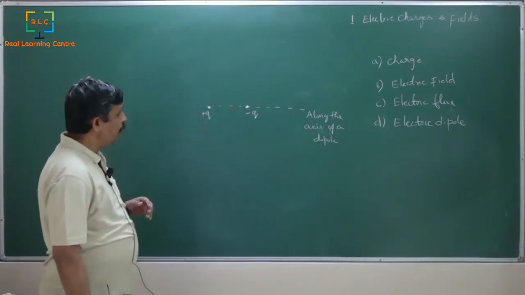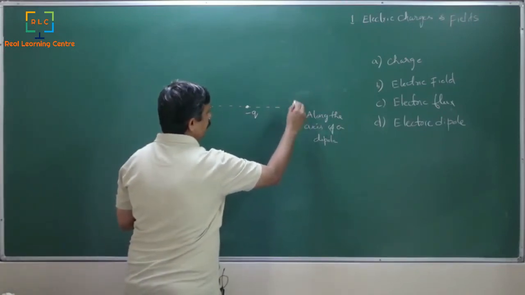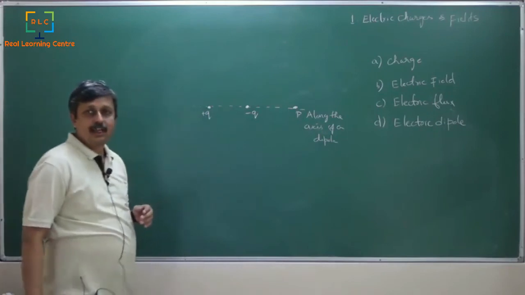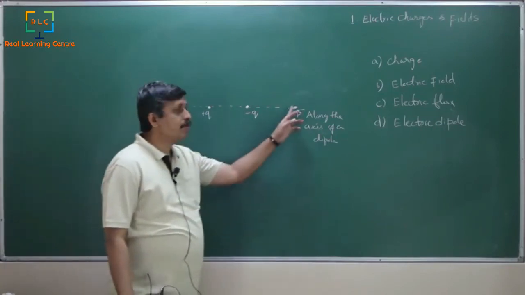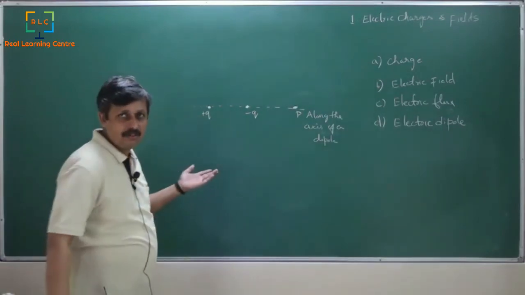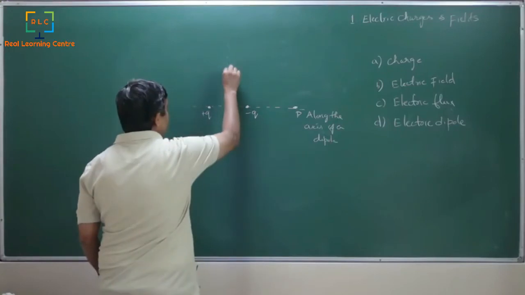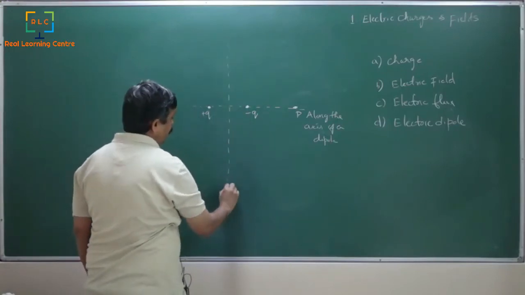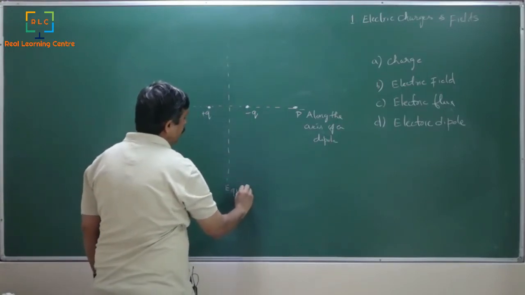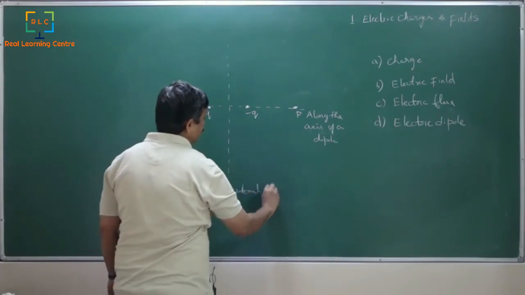Now, if I put a charge here, let us say at point P, or if I want to find out the electric field at that point, you can easily find out. And the other possibility is what we call an equatorial plane.